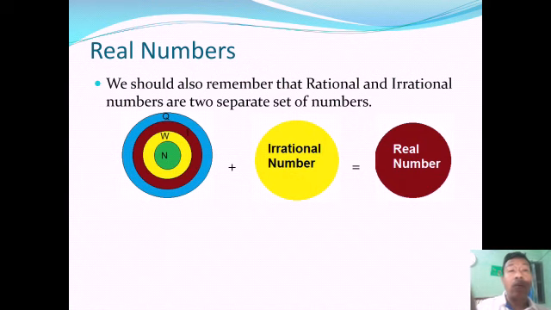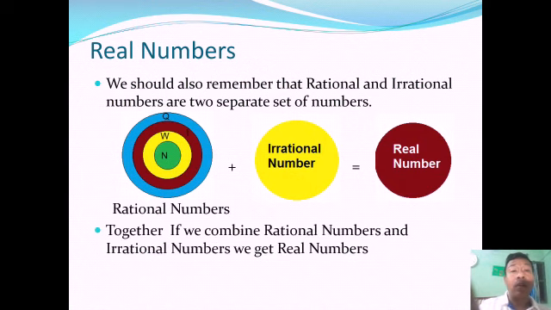Now, if we combine the set of rational numbers and the set of irrational numbers, we have the real numbers. Together they form a set of numbers called real numbers.